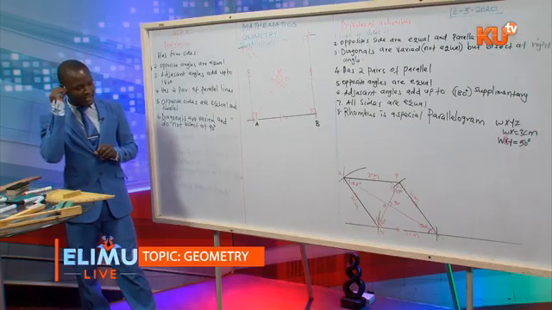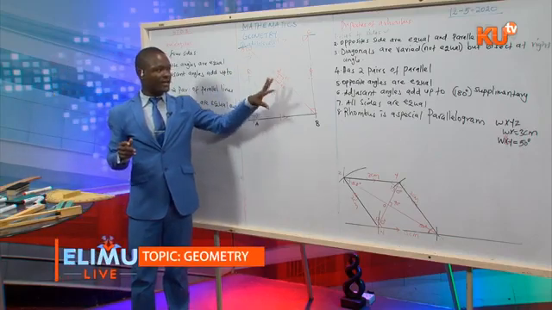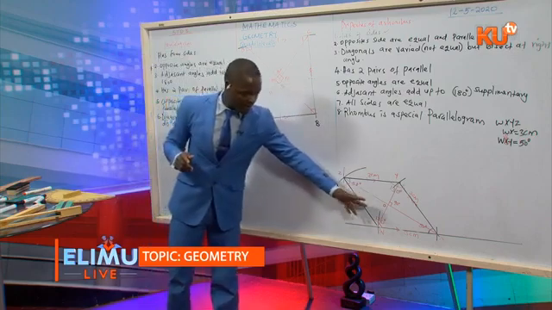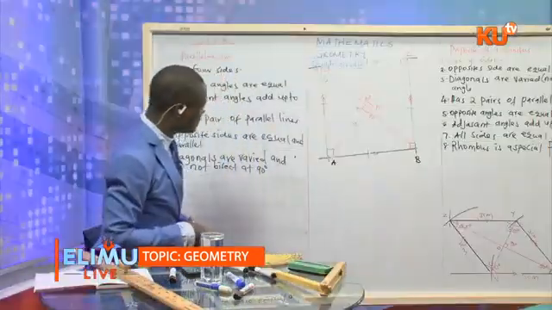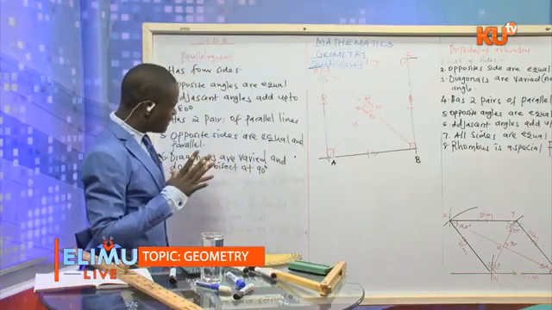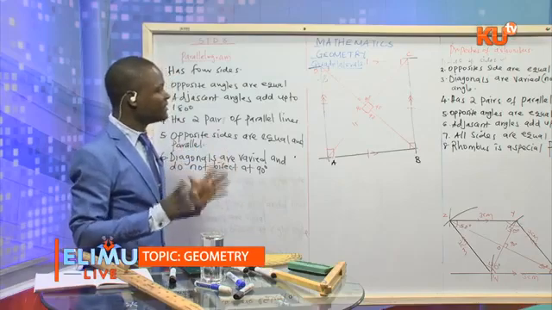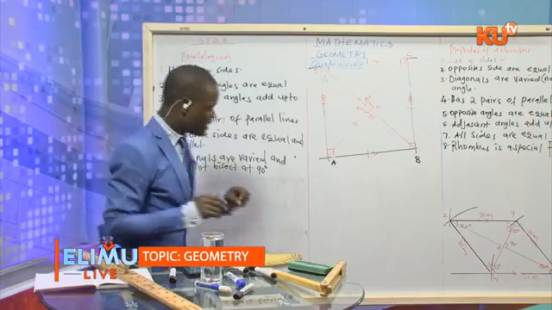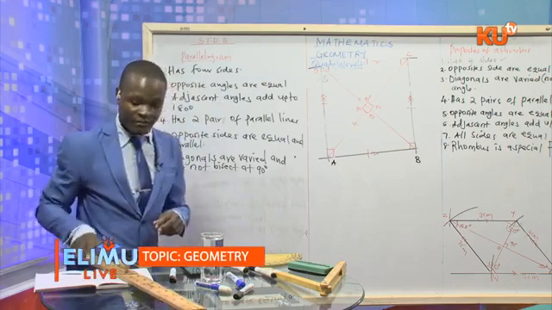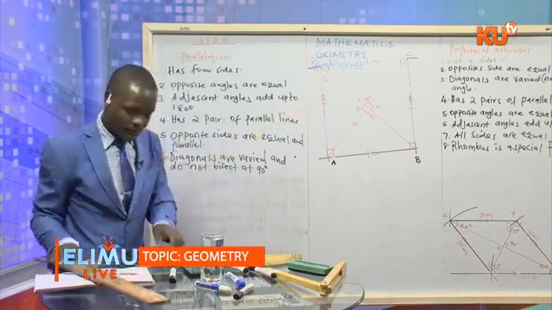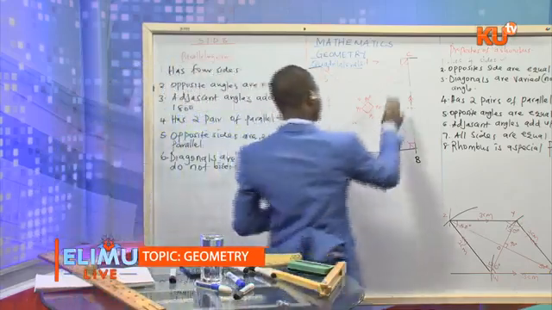But the difference is that diagonals of a square are equal, but diagonals of a rhombus are varied. Okay, so I want to draw this again for you, so that you can confirm all those properties.